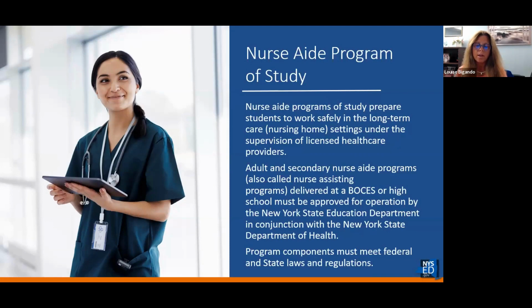The only time a secondary level teacher should be directed to obtain the practical nursing 7 through 12 teacher certification title is if the school has a secondary level practical nursing program the teacher will be delivering instruction for.